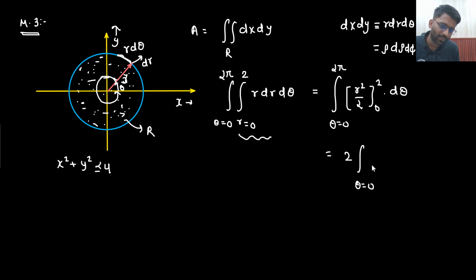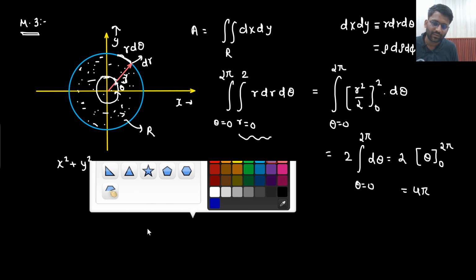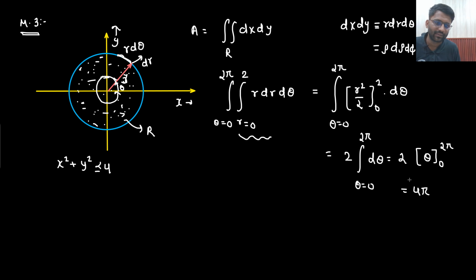Theta going from 0 to 2 pi, d theta. Integration of d theta will be theta only, 0 to 2 pi. Answer is 4 pi unit square. This is the answer. 4 pi unit square will be the answer.